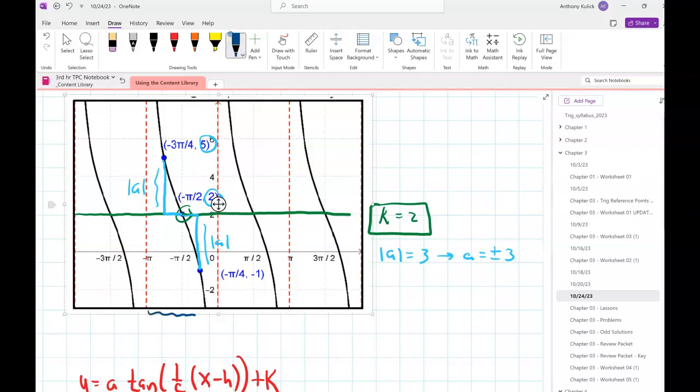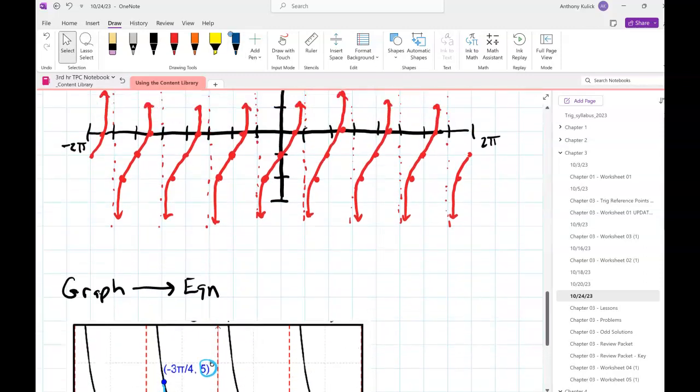I know that from asymptote to asymptote is 1 period. So if we went from negative pi to 0, how far was that? 1 pi, right? Now, this is one of the few things that are different.